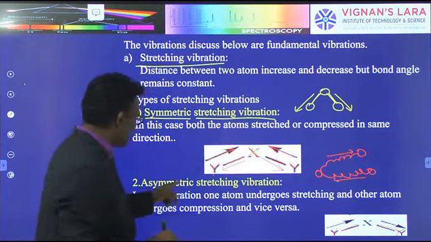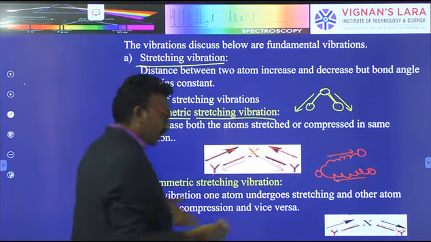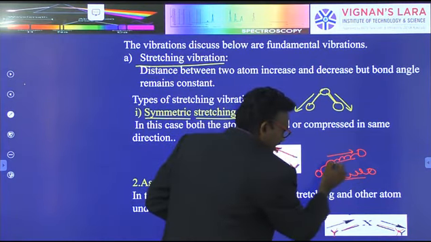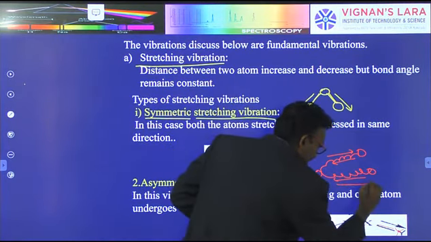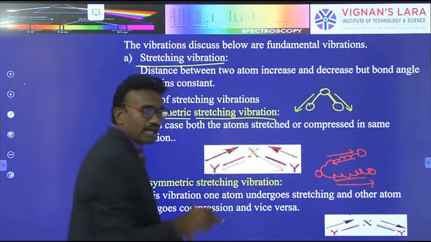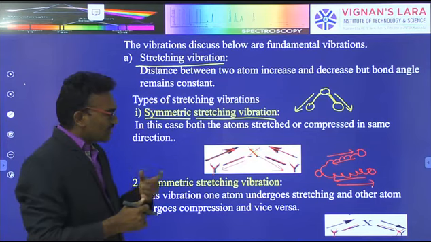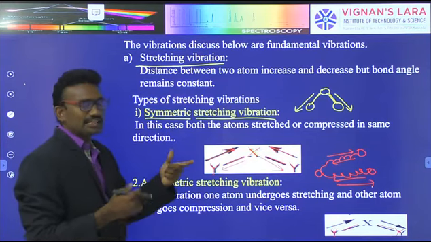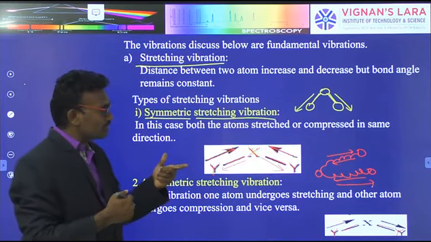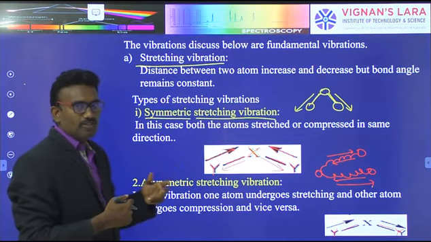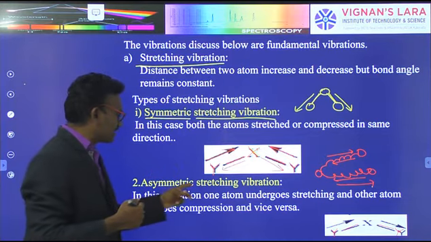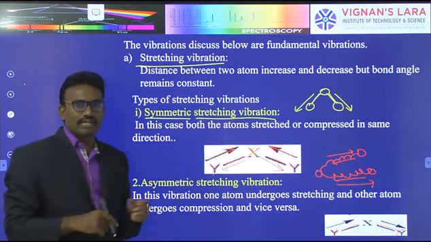That is called asymmetric stretching. Or this bond decreases and that bond increases. So both do not increase or decrease together; one atom's bond increases while the other decreases. They are opposite. That is called asymmetric stretching vibration.